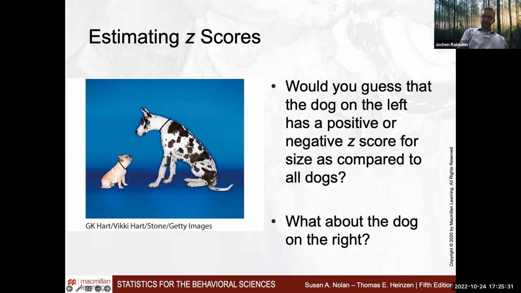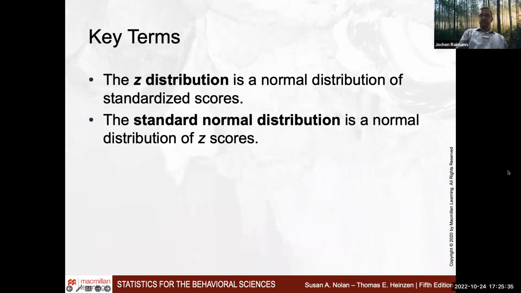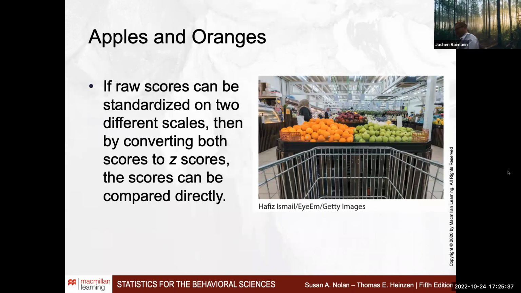I like that, because essentially what you want to do is compare apples and oranges. That's why you do this standardization, because it allows you to compare things that numerically cannot be compared, right? If you have a blood pressure distribution and a happiness score distribution, you can't commonly compare them.